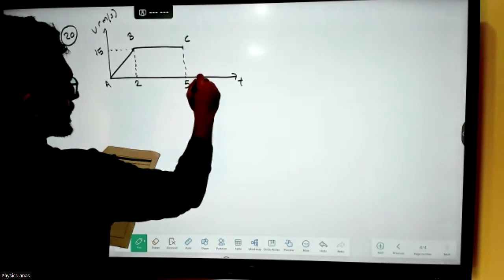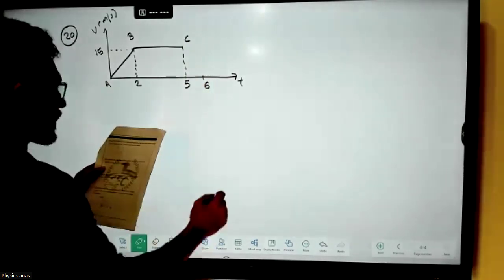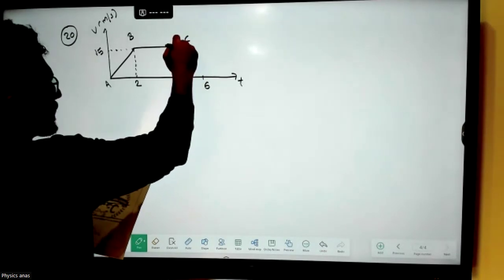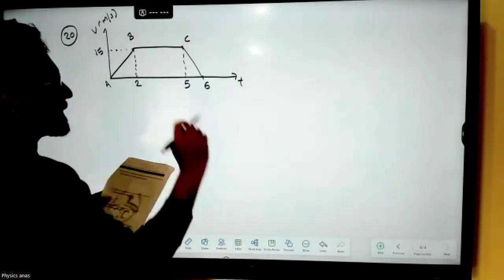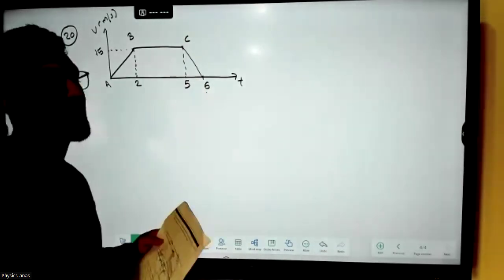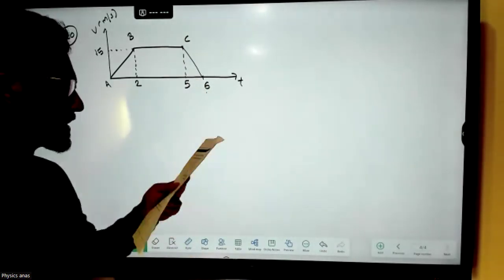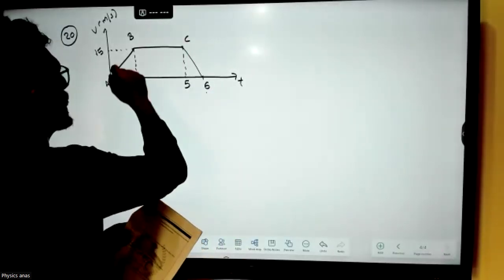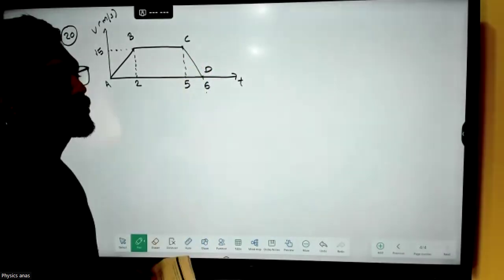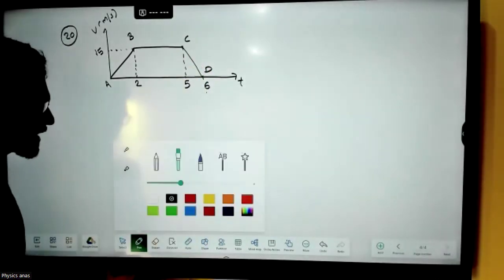And there is 6 seconds, where the velocity of the object becomes zero. So that's A, B, C, D. You have a velocity time graph.